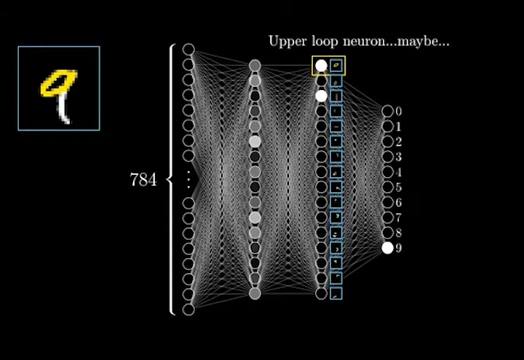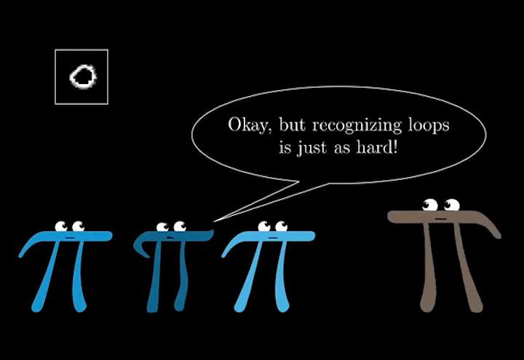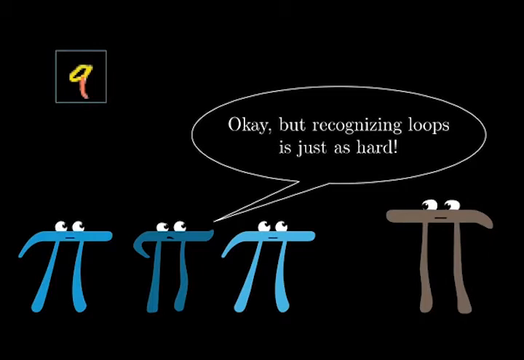That way, going from the third layer to the last one just requires learning which combination of subcomponents corresponds to which digits. Of course, that just kicks the problem down the road, because how would you recognize these subcomponents, or even learn what the right subcomponents should be?